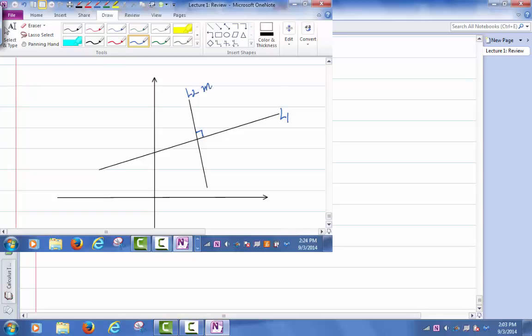This one has slope M2, this one has slope M1. What can you say about M1 and M2? Very good. So what he's saying is that M2 is -1 over M1. Is everybody okay with that? Or you can say M1 times M2 is equal to -1. So this is for perpendicular lines.